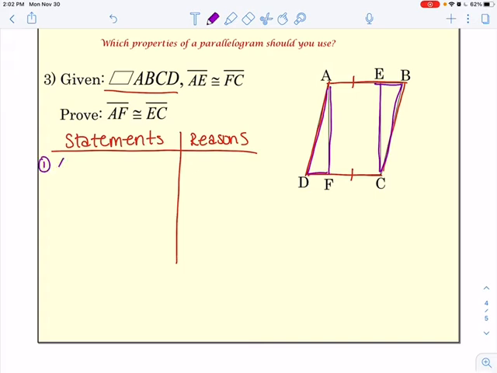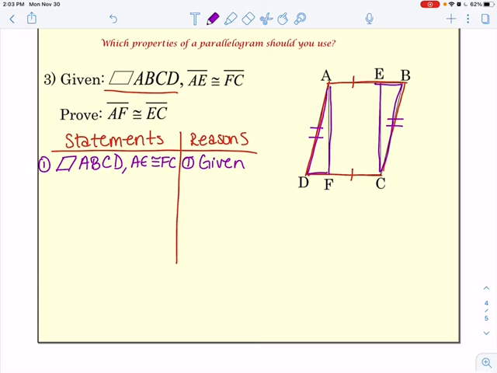First thing, again, that I know is that I have parallelogram ABCD, and AE is congruent to, oops, on the wrong side, is congruent to FC, and the reason I know that that's true is because it was given. Okay, the next thing that I'm going to say, I can say that AD is congruent to BC. Why?